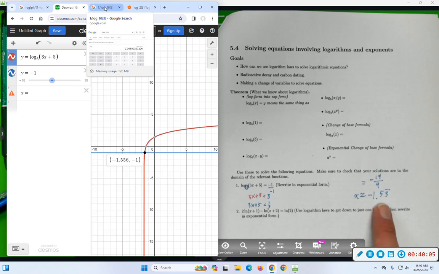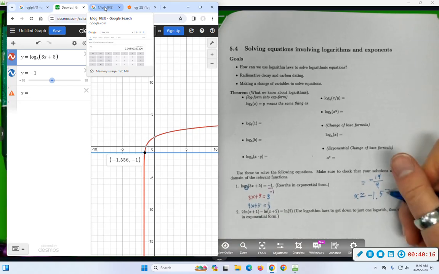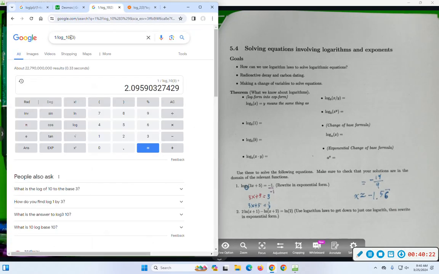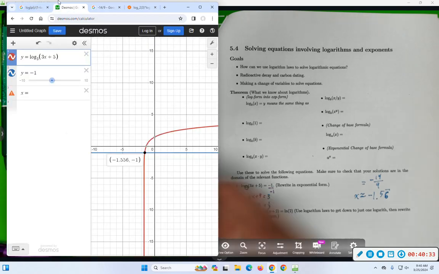Oh, okay, so I just wrote it down wrong, did I? I think Desmos, anyway, is suggesting that. Let's see if that agrees with this fraction, negative 14 over 9. Ah, it's in fact the 5 is repeating and the 6 is from the rounding up.